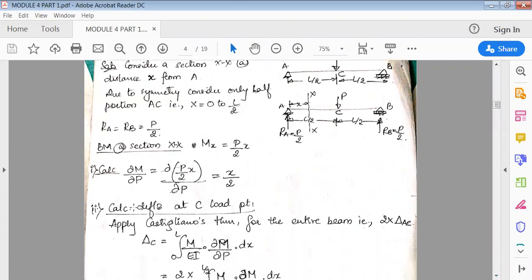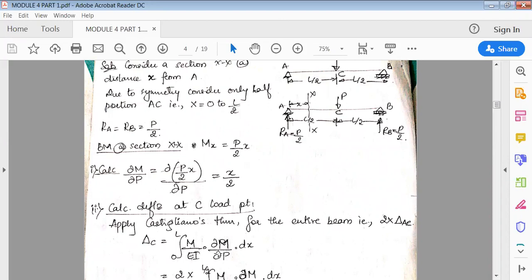Now, according to the formula, delta C is equal to the integration from 0 to L of M over EI, dou M by dou P, into dx. First I found the moment, so I'll write this moment here.